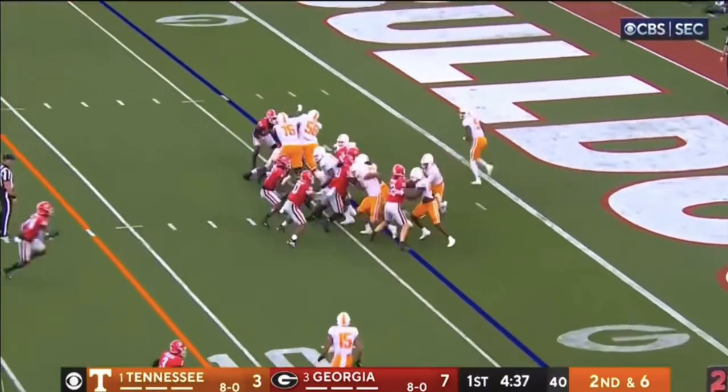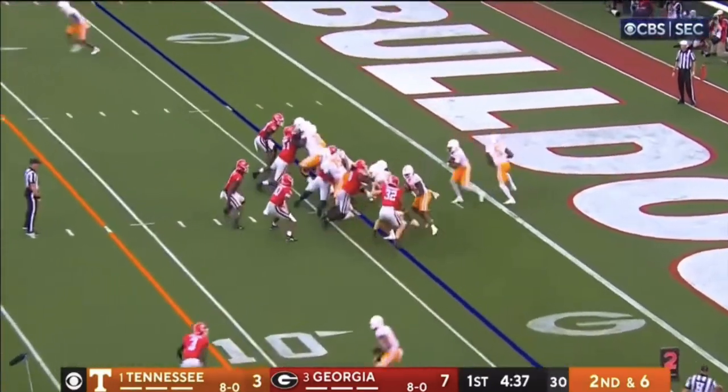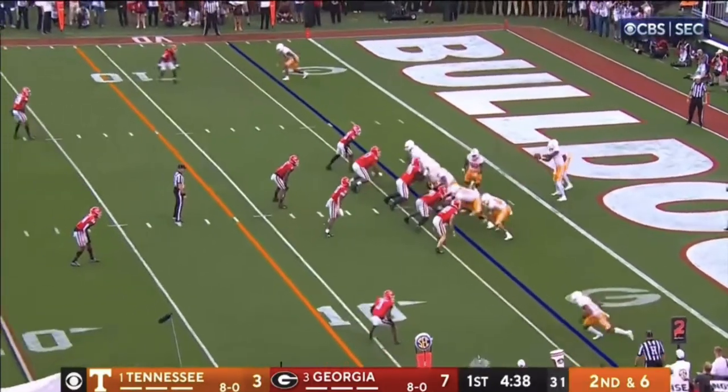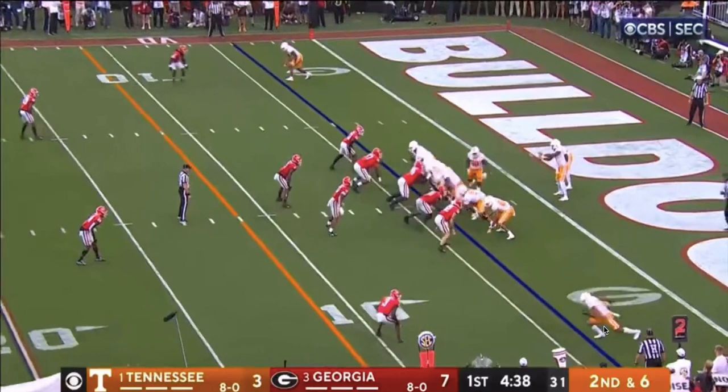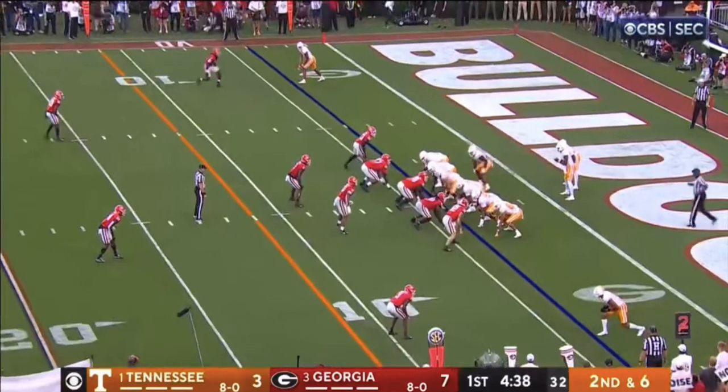And then also, maybe, let's see. Yeah, I think it's an RPO because it looks like he's actually running a route. I can't tell if he is, but he probably is as well. So RPO is probably why he's back here a little bit, just to help out on that. But again, strong right, I'm in the run fit. The back's away.